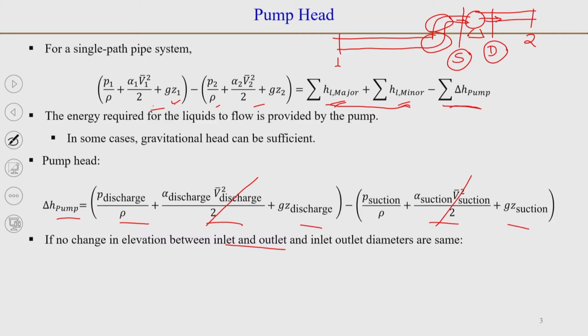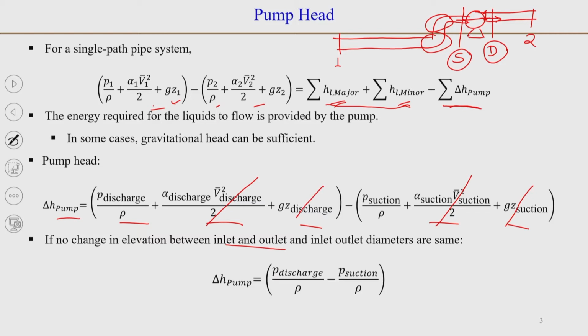Now, there will be an elevation difference between discharge and suction, but that difference will be very minor if at all any. So, we can neglect the change in elevation between suction and discharge.